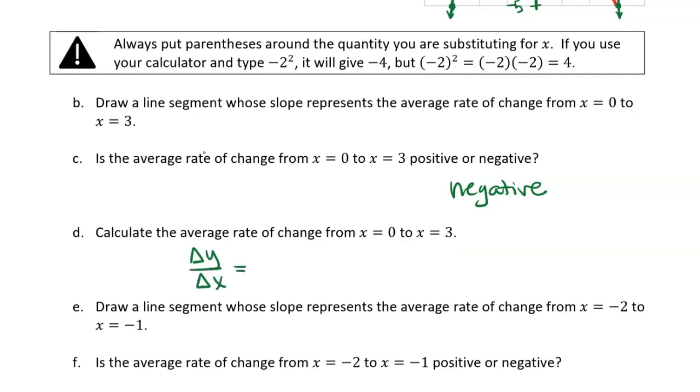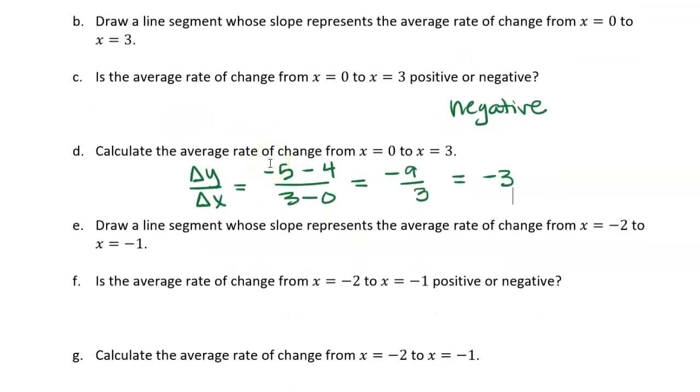So we can also just take f of 3, which is negative 5, minus f of 0, which is 4, over 3 minus 0. That gives us negative 9 over 3, just like I said, and so that's negative 3. So the average rate of change over that interval is negative 3.